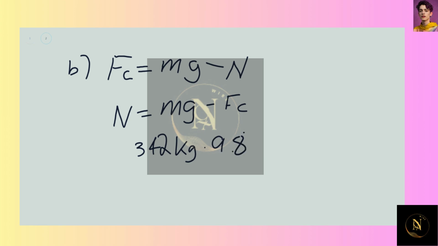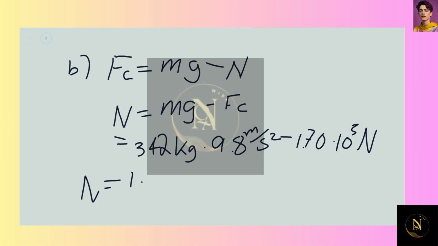And we just found our centripetal force, that's our 1.70 times 10 cubed newtons. So we plug that into our calculator, and we solve, and we find that N is equal to 1.656 times 10 cubed, and once again, our units are going to be newtons. And that's the answer to part B.